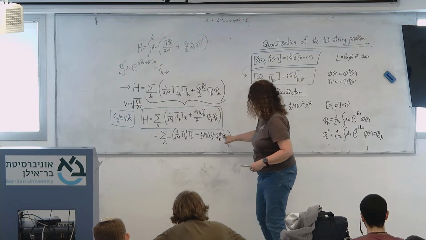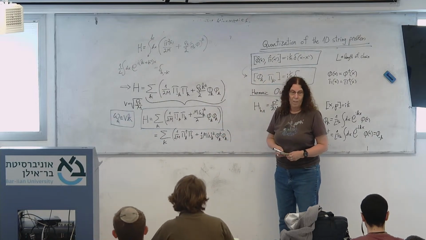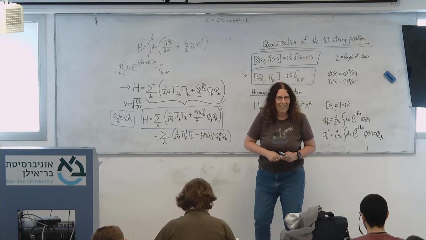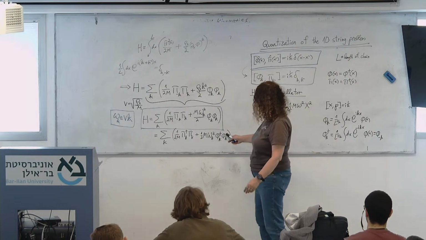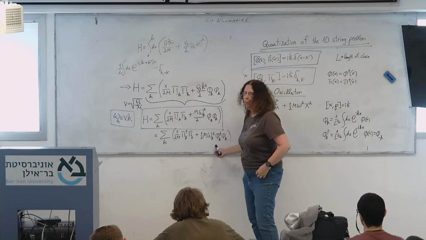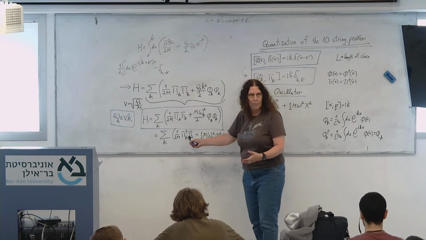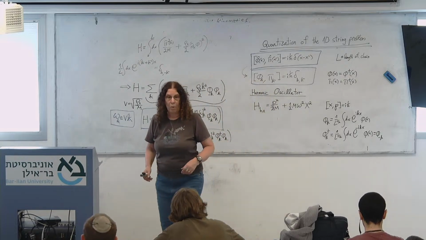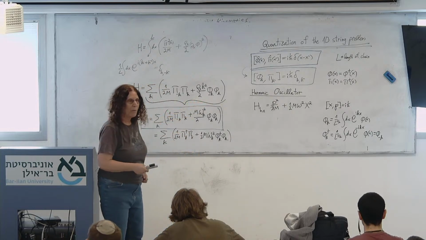And now it starts reminding you, I think, of something. Does it remind you of something? Okay, they're not quite, but we still have two different operators, phi and pi, but since they're not Hermitian, we already gave up on getting a square of something plus a square of something.